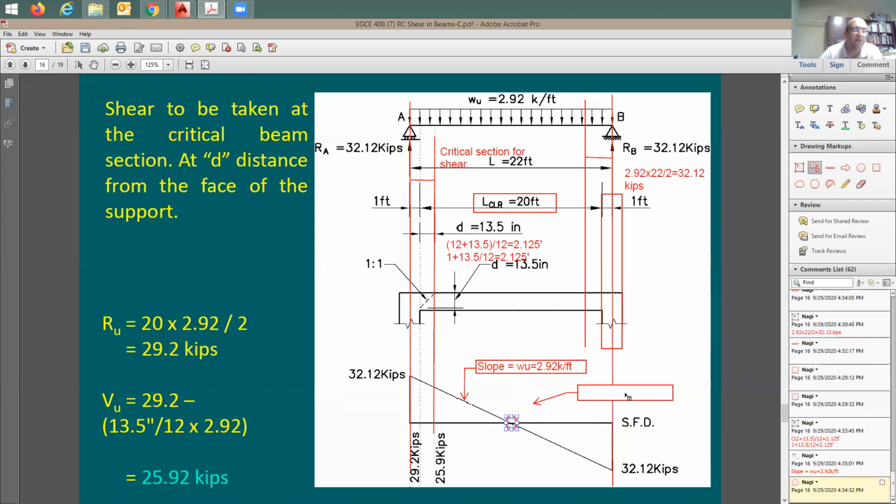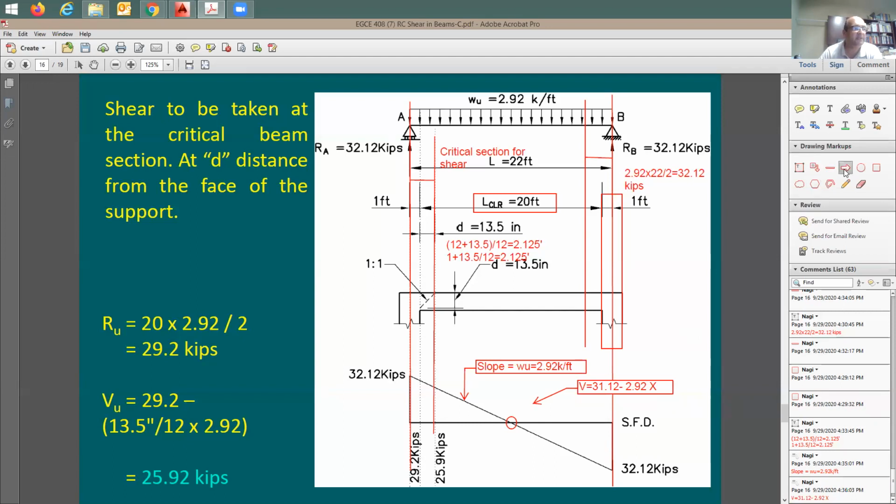So let me write an equation for it. The equation for the shear is going to be V equals 31.12, subtracting the distance, I'm going to call it X, times 2.92. So you can call it 2.92 times X. Do you guys agree with this equation?